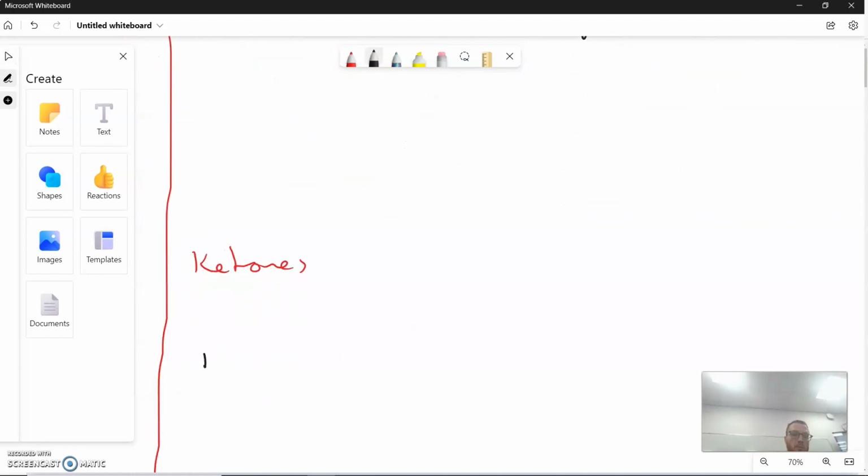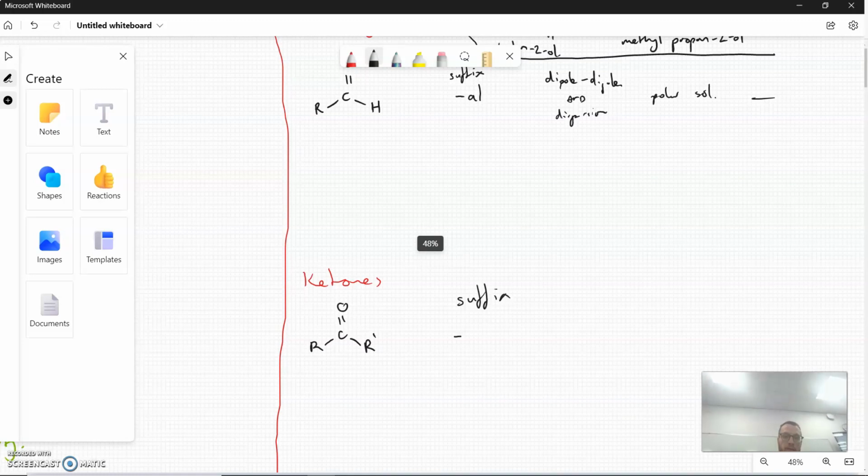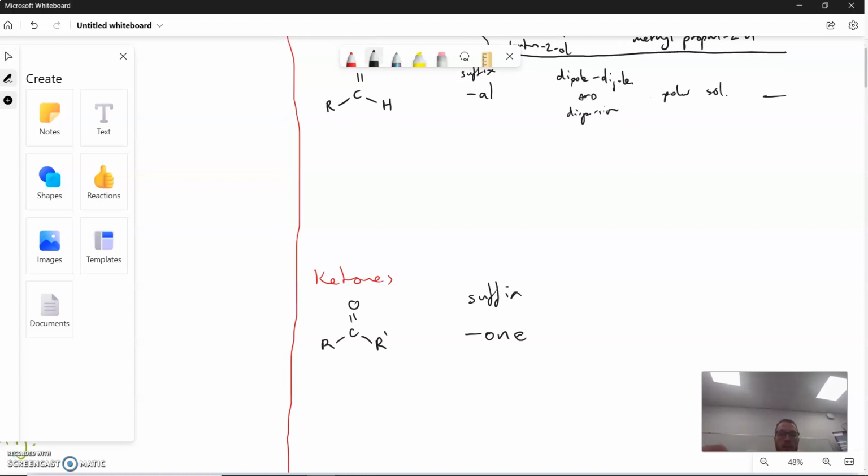Ketones is a C double bond O within a chain. Yeah. Again, not something you need to name, but it will have the suffix "-one". Oh, I didn't give you an example.